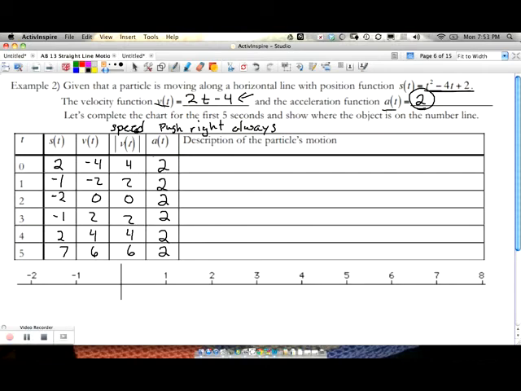Okay, so describe the particle's motion. So in the first part at 0, just the motion, not where are we, but which way are we going. The negative 4 velocity means that we're moving left. But the push, our acceleration, our a of t, is always right.